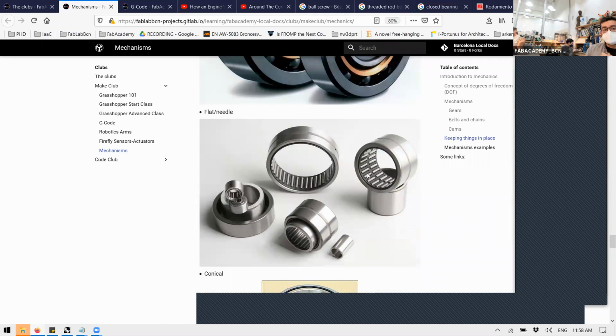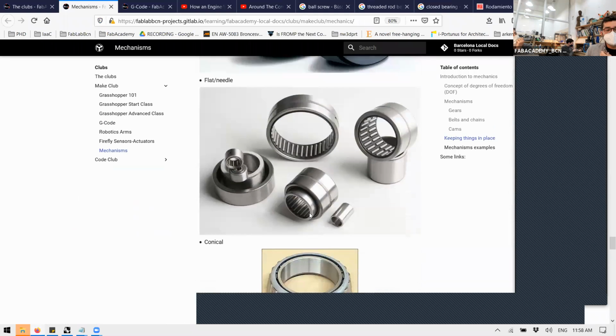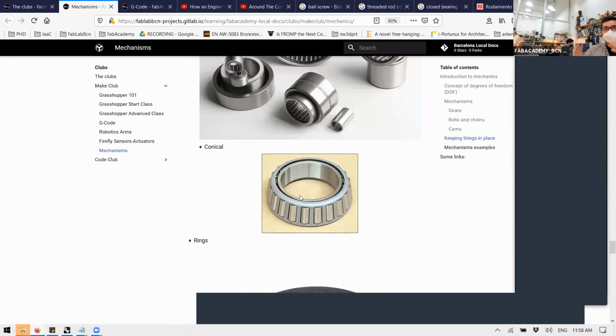The flat ones, the needle ones, are like cylindrical bearings, and then we have conical ones that are tilted, to accommodate forces and not let an element push in the axis. Imagine that when you push here, this is being pushed that way.